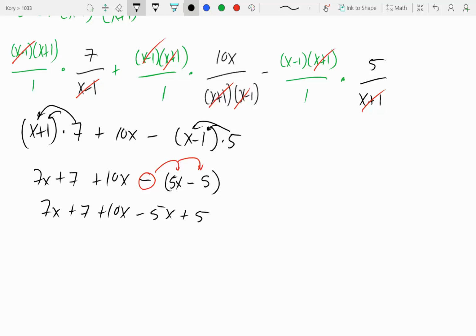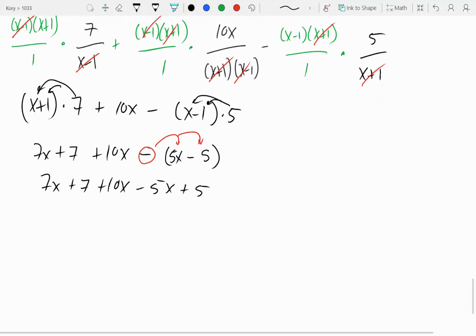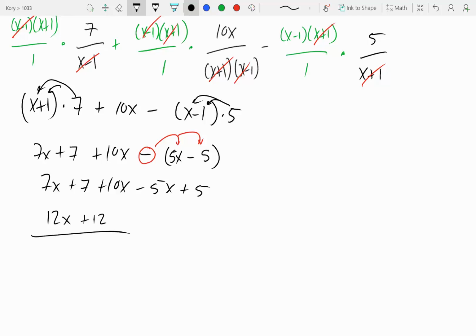Now we want to combine like terms. So we have 7x and 10x is 17x. 17x minus 5x is 12x. And then 7 plus 5 is 12, so plus 12. And then that's over our LCD of (x minus 1)(x plus 1). We can go ahead and factor the top.